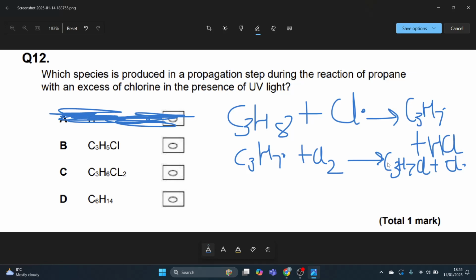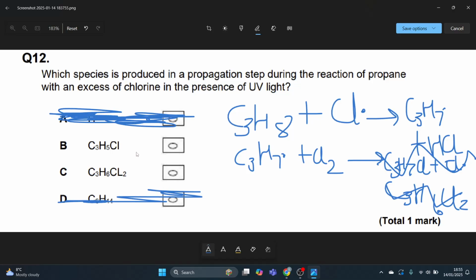C3H6Cl2 H dot. The answer is definitely not going to be D. Obviously it's going to have a chlorine attached to it. The answer is going to be C.